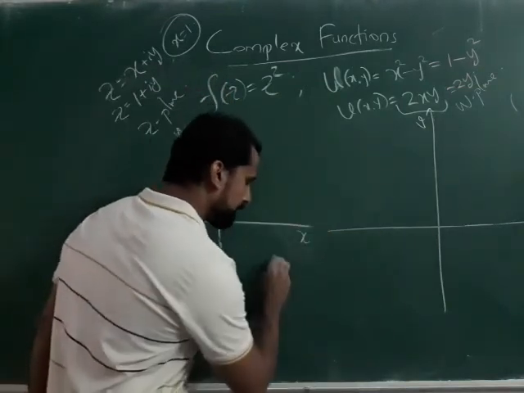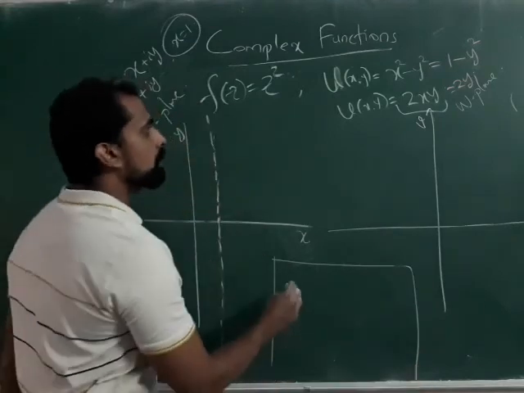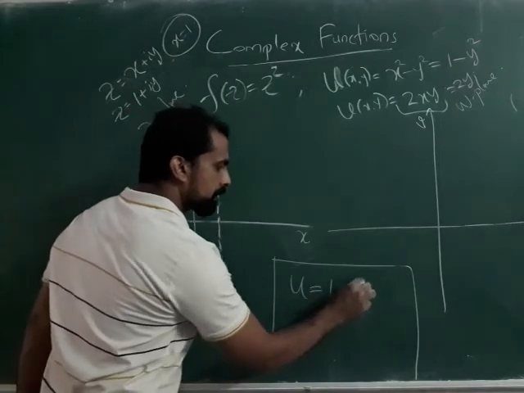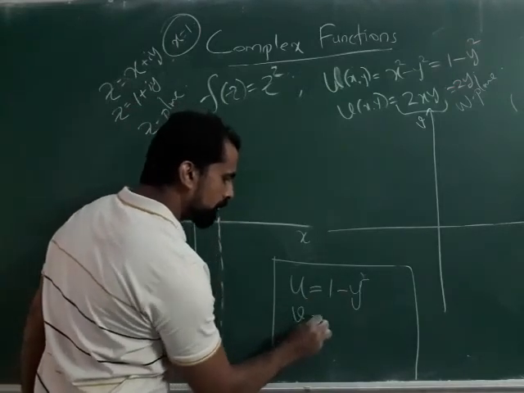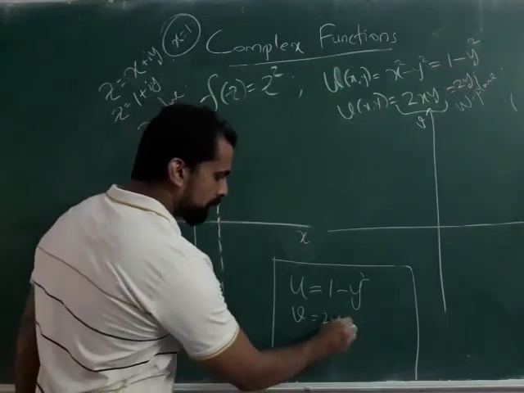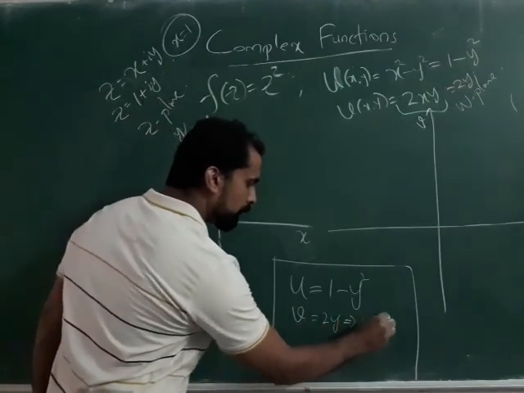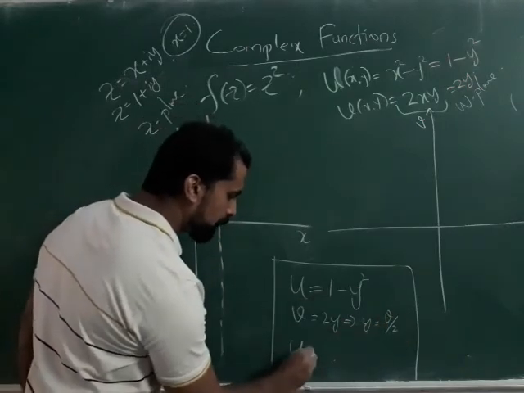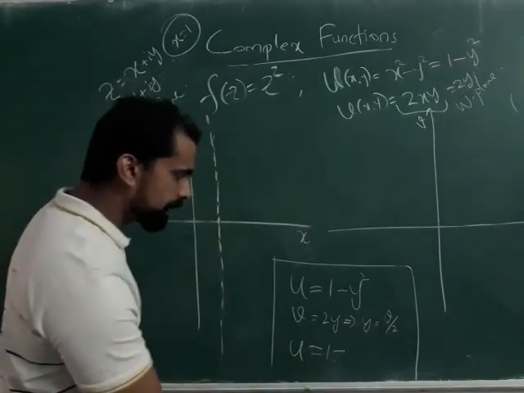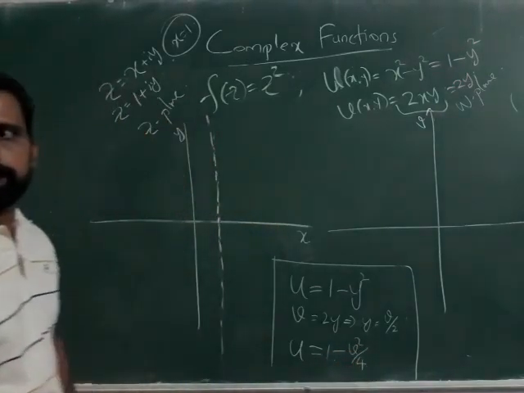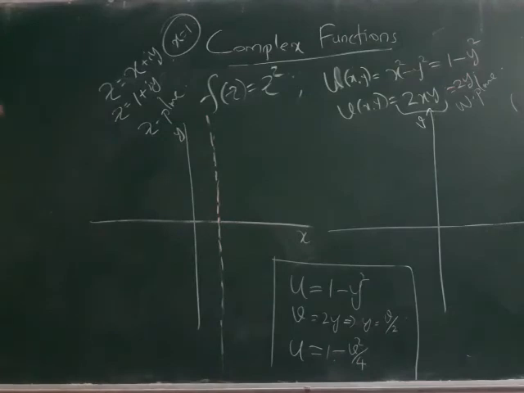Now what about y? y is equal to v by 2. So I substitute it back, then u becomes 1 minus v square by 4.